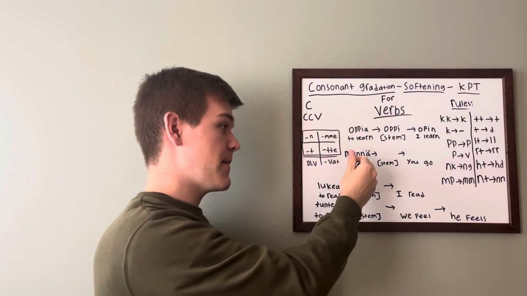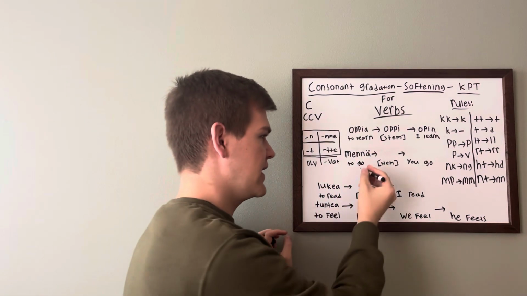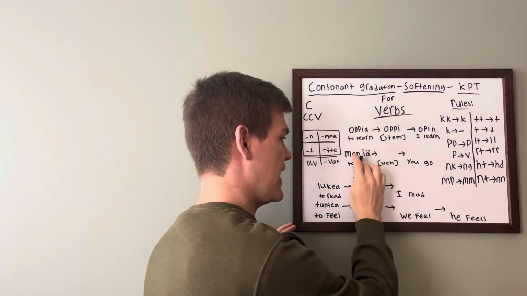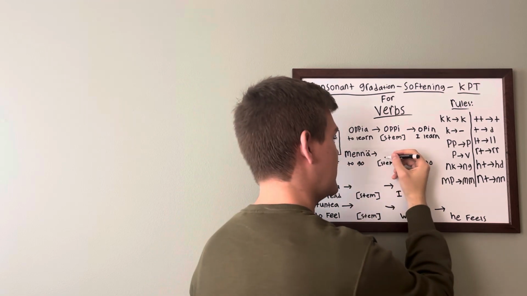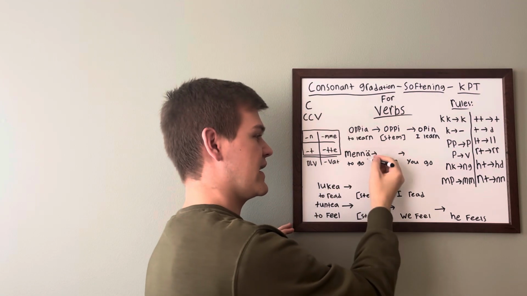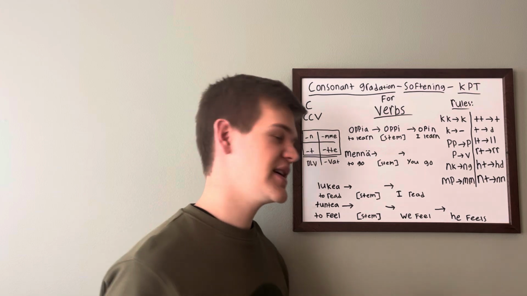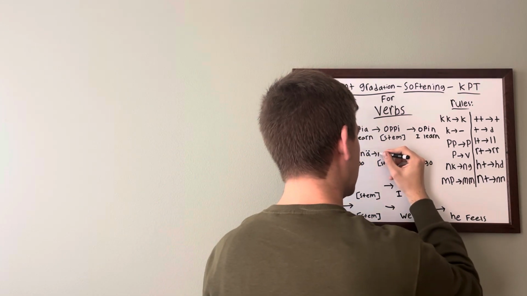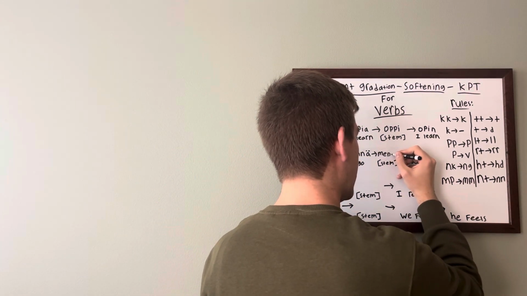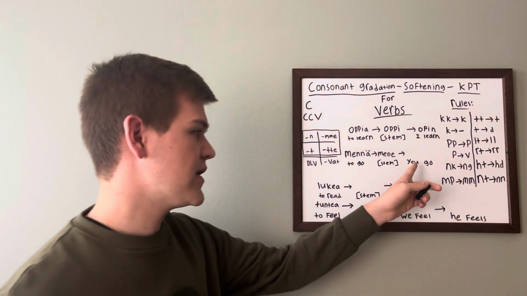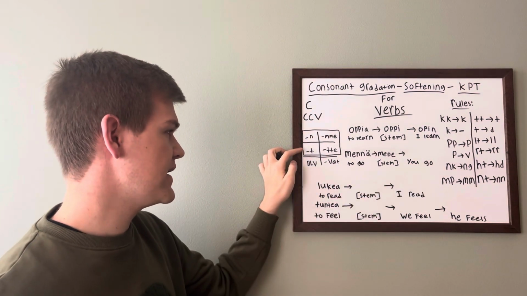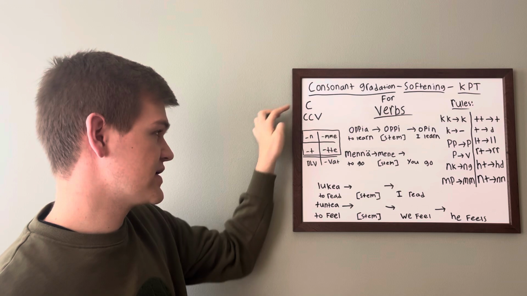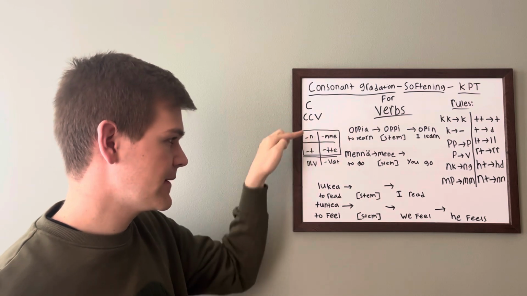Great. The next one, mennä. This one is a consonant A. So to do this one, we get rid of the second A and add an E to find the stem. Mene. But we want to say you go. So we see we're going to add a T, which is just a single consonant, and it's in this box.